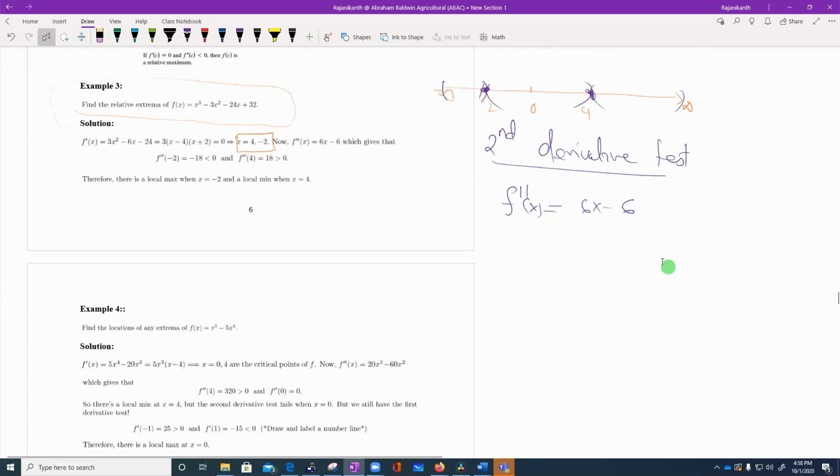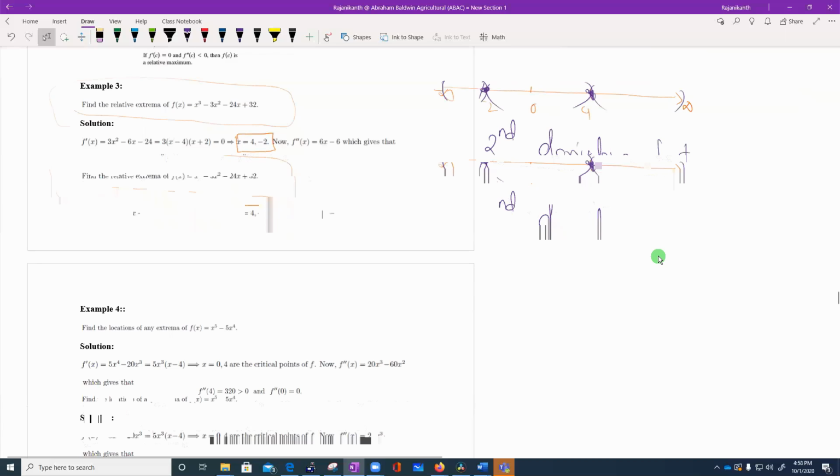Now, I'm going to find what kind of extreme value we get at the first point. My first critical point, I'm going for C instead of x. We use the letter C for the critical point. So my first critical point is -2. I'm going to check whether the function has a max or min at this point by simply plugging this value into the second derivative.